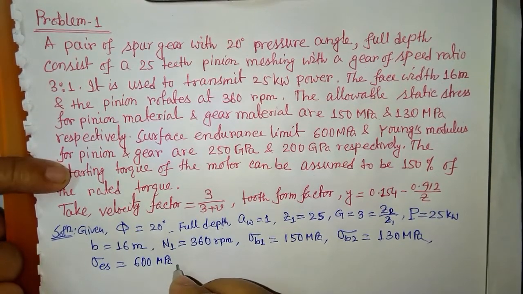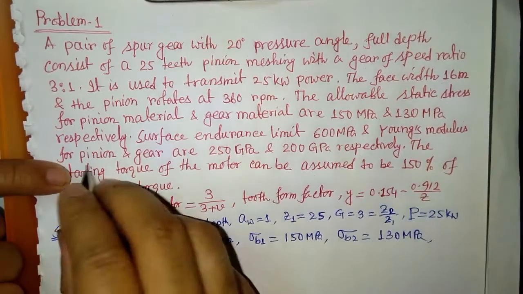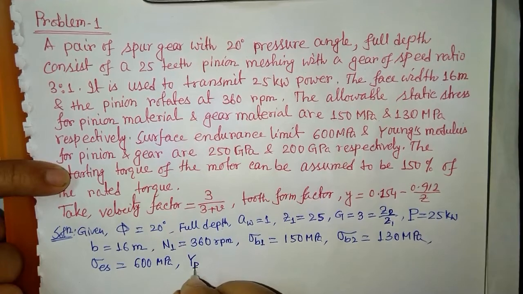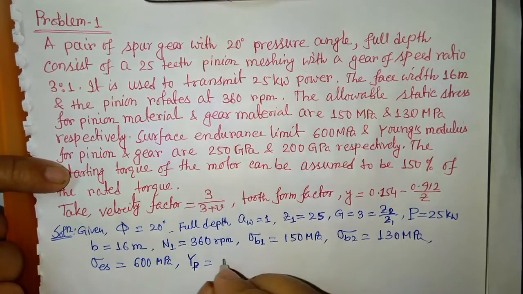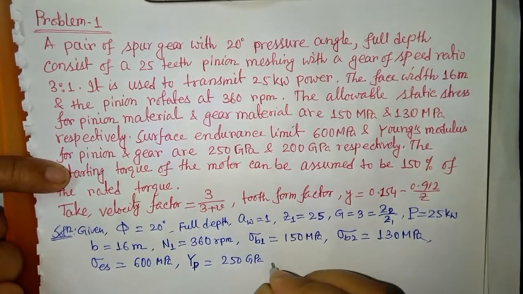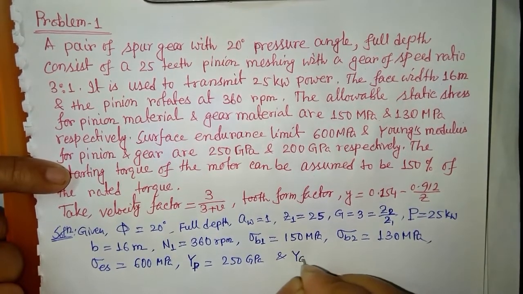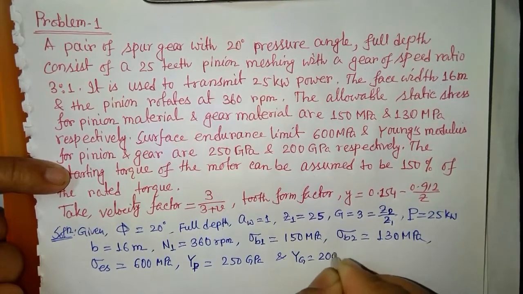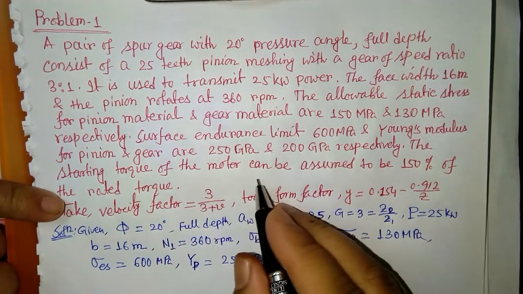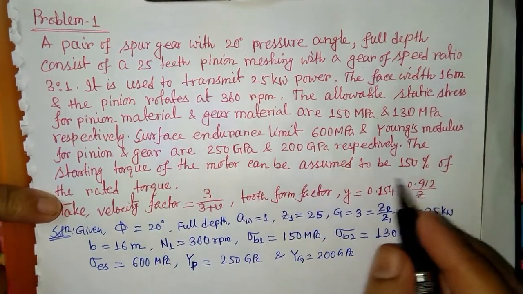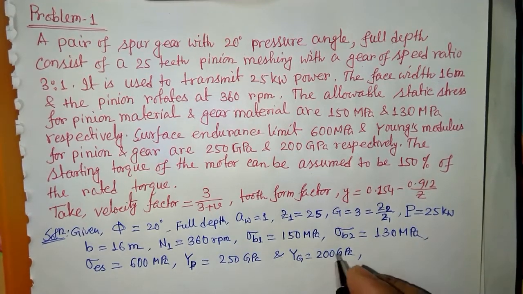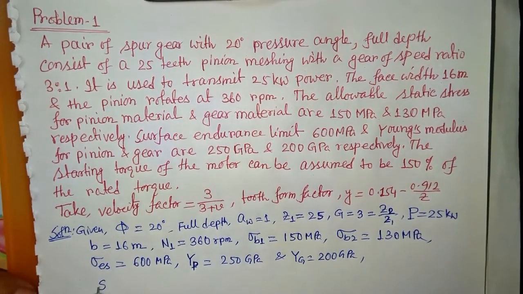Okay, then we have Young's modulus for pinion, or Y1, or we can say YP also. YP is equal to 250 GPa and YG is equal to 200 GPa. The starting torque of the motor can be assumed to be 150% of the rated torque. What is this? We have seen the service factor. What is the service factor?